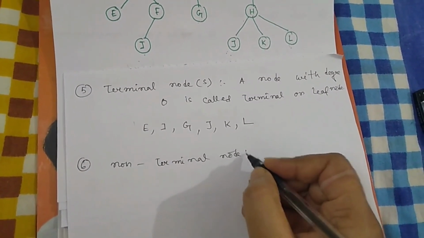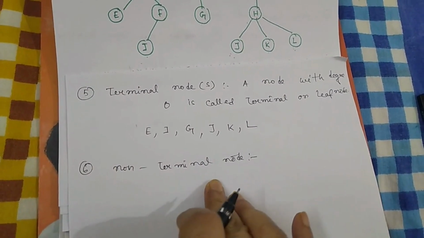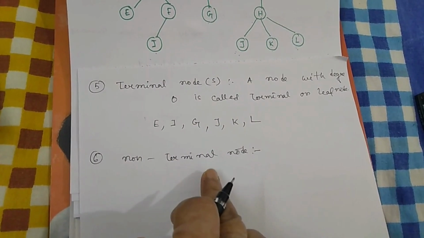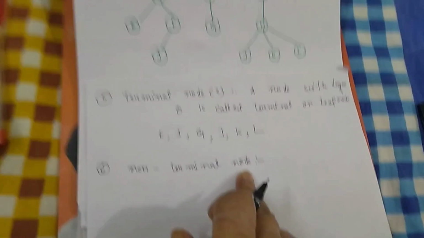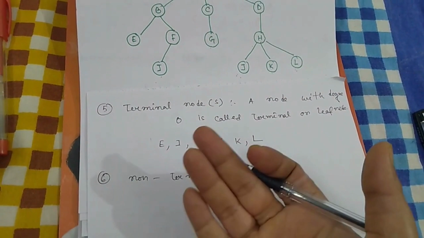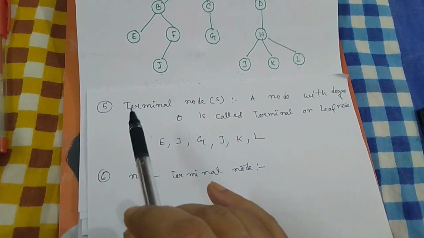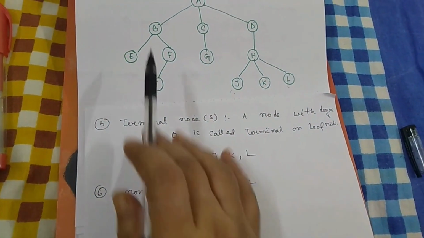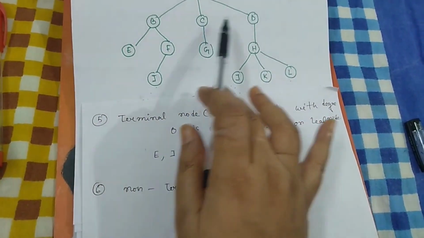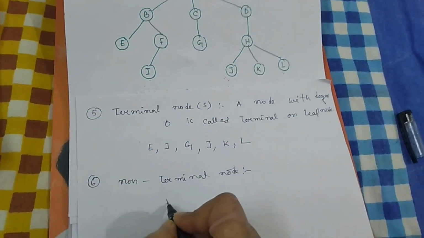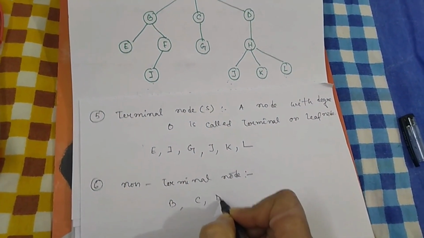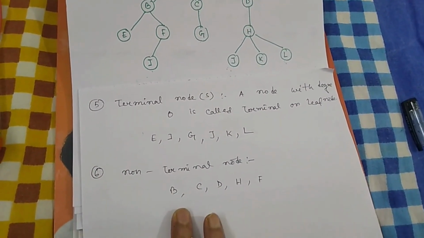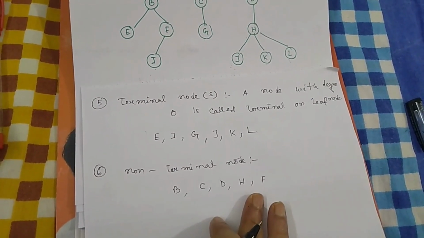Those nodes which do not have degree 0, or we can say those nodes which have some degree, are the non-terminal nodes, like B, C, D, H, F. Okay, those are the non-terminal nodes.